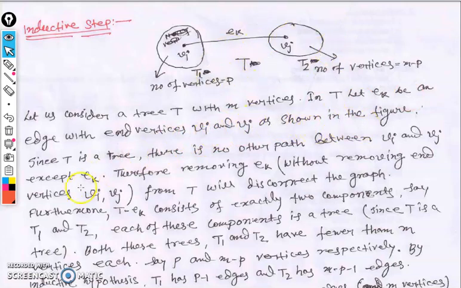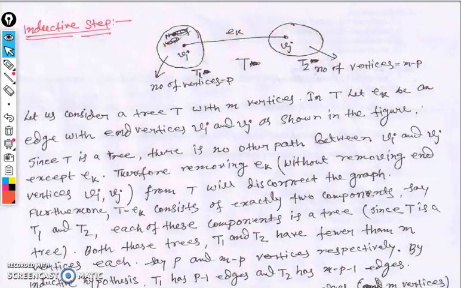T is a tree, so there is no other path between Vi and Vj because it's a tree, they should not have more than one path, so Vi to Vj has exactly one path. What do we do next? Just delete the edge EK. When we delete the edge EK, it becomes two components.